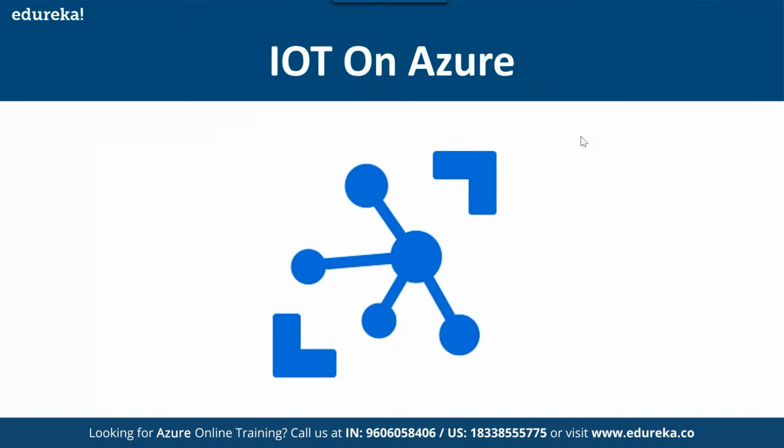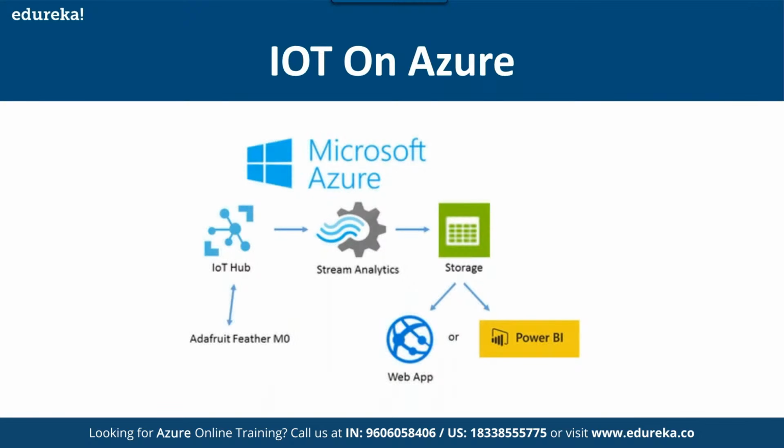So this is again the symbol of IoT in Azure, where it's going to look like this. I'm going to show you practically once I move towards that. These are the different components in IoT on Azure. As you can see here, I have a use case. I want to combine a web app, a Power BI tool, a storage, and I need Stream Analytics and IoT Hub.